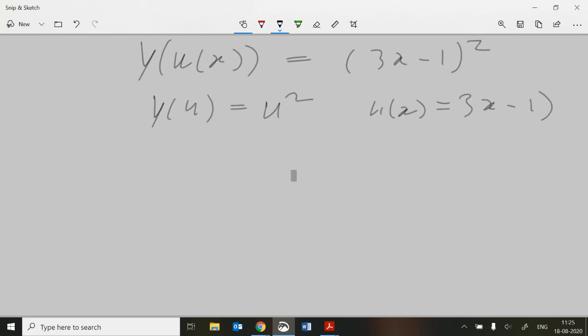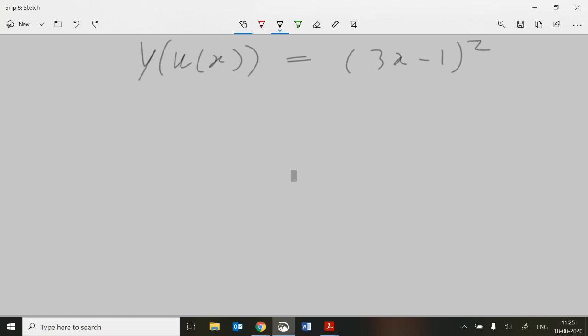So there's a function inside of y. Like, for example, when we were saying 3x minus 1, we would be defining y of u to be equal to u squared, just forgetting about the x for a moment, and then u of x would be 3x minus 1. So that's how we're setting up this definition in order to lead to our 2 fractions.